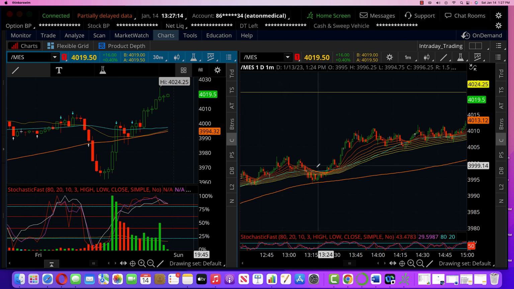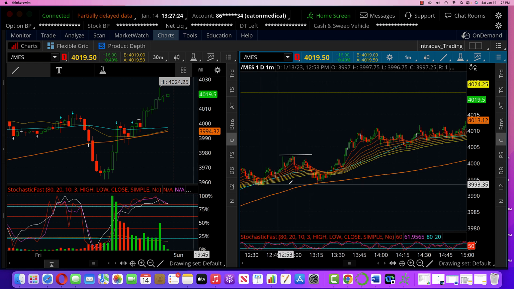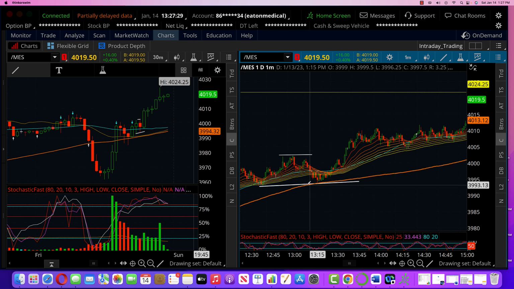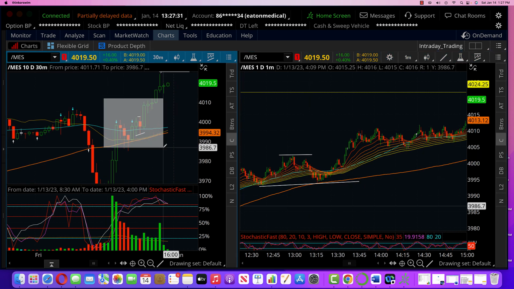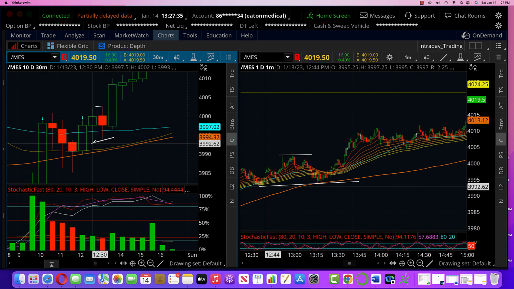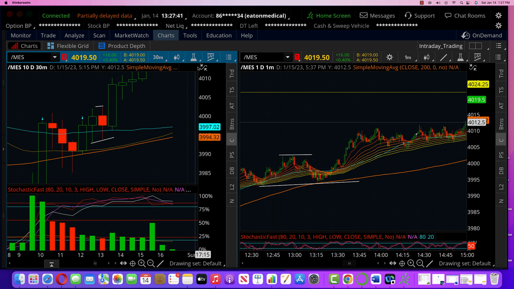All right, so right here you see the pullback. Here was the range. Here was the most recent high. And here was the pullback to the lows. So that puts us on our range chart, our reference chart, here. So our stop loss will be going below this candle.